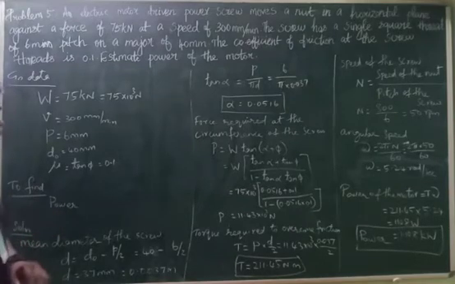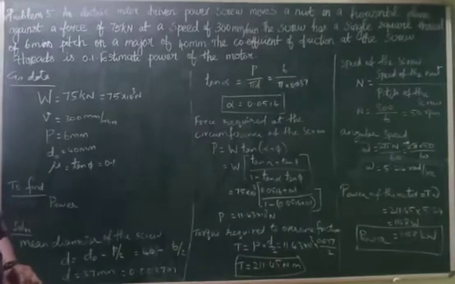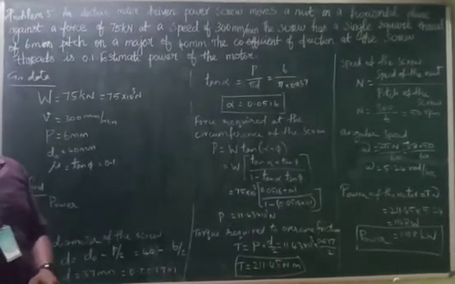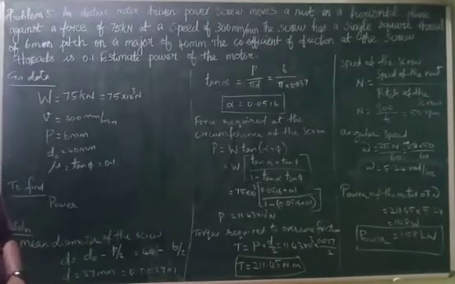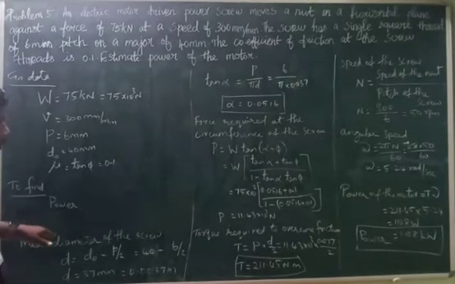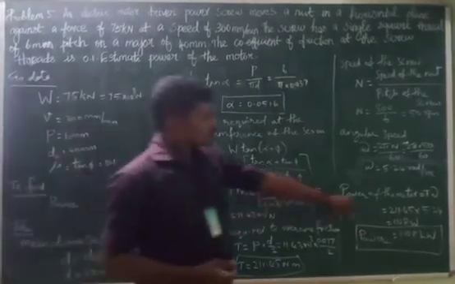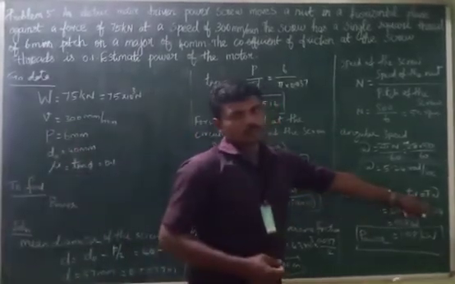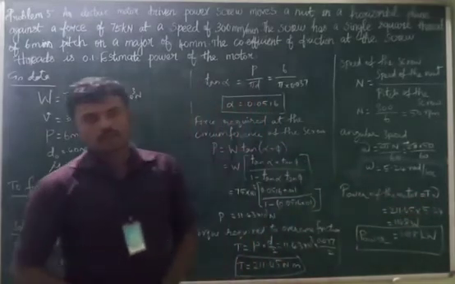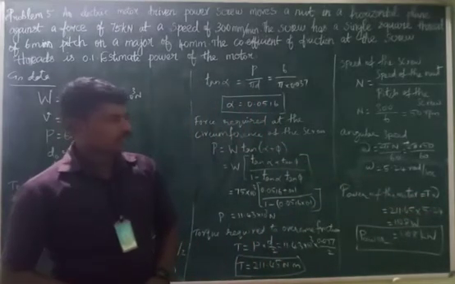How can we find this power? With the help of a formula. The formula for power is T into omega, where T is the torque and omega is the angular speed, otherwise angular velocity.